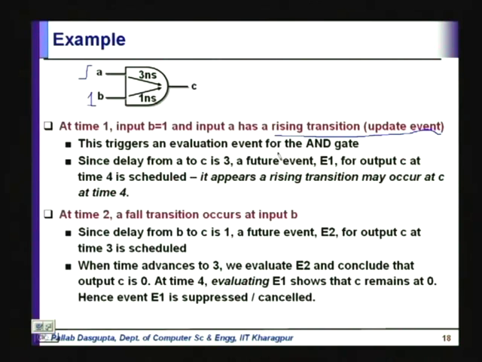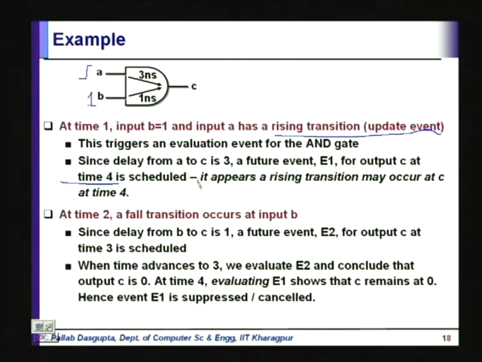The evaluation event for the AND gate checks the logic and sees that this input has now become 1, and C was originally 0. So it schedules an update event which says change C from 0 to 1, with a timestamp of after 3 nanoseconds. If this is time 1, it is going to get scheduled at time 4, that is, 1 plus 3.